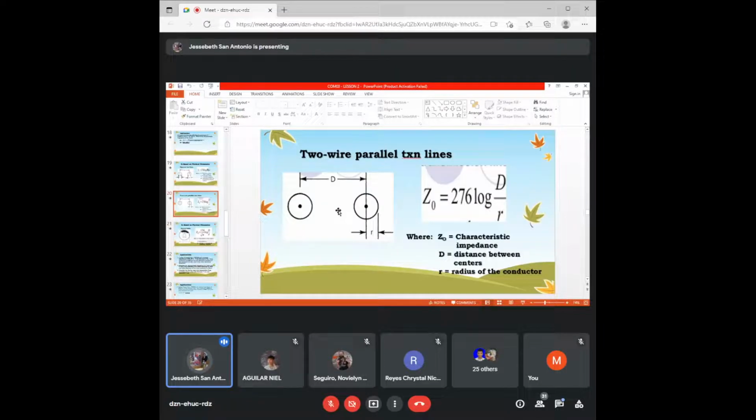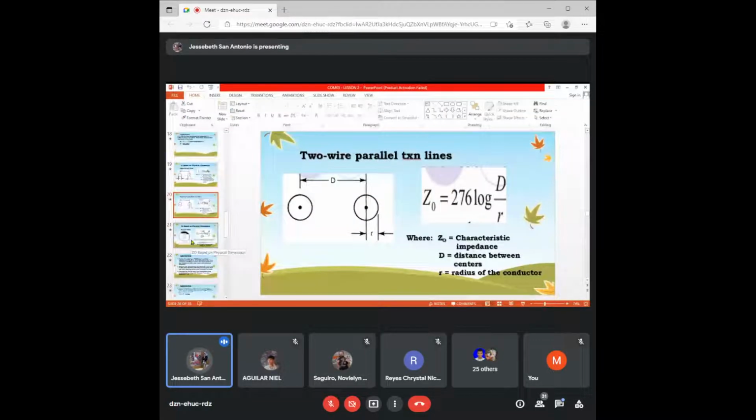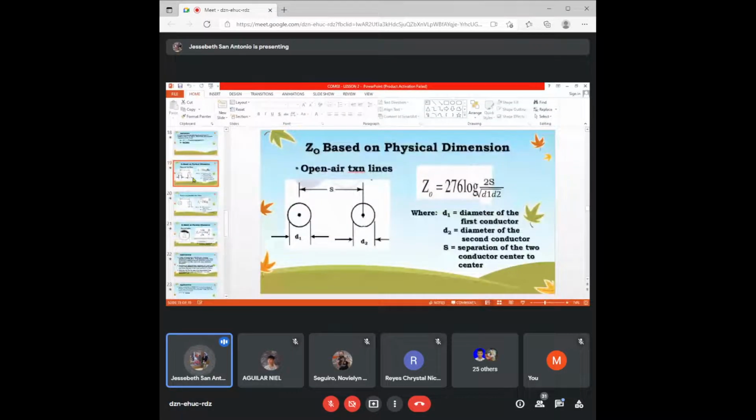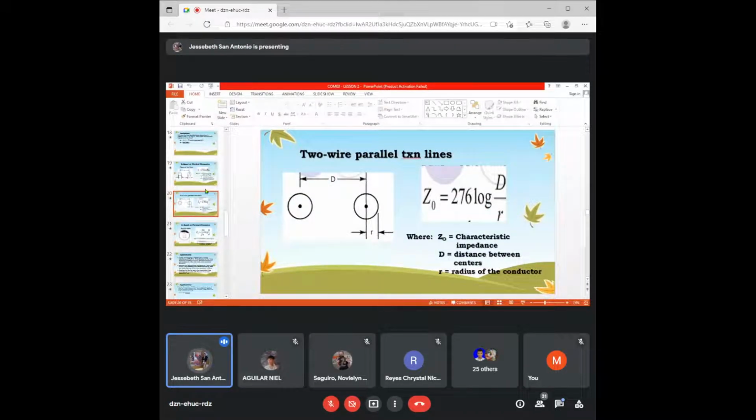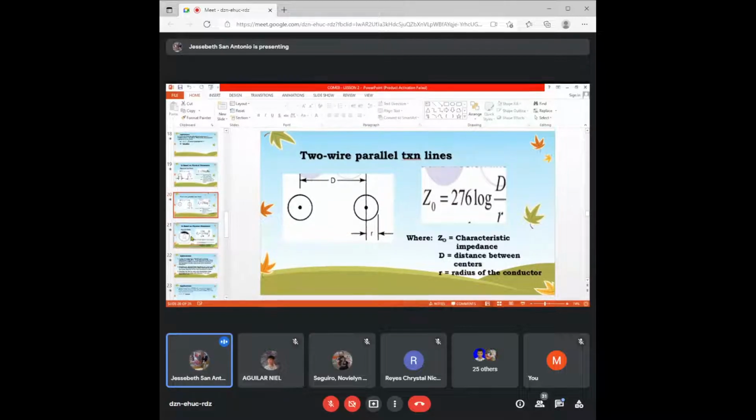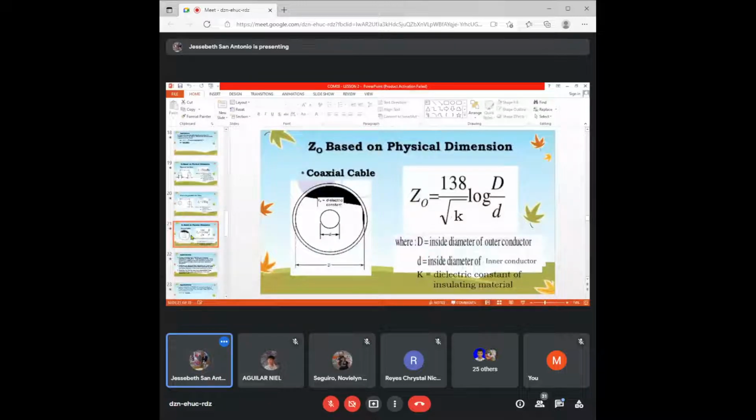Whereas D and the R is the radius. So baka magkamali. So I prefer, guys, for you to use this equation for parallel wire lines. Anyway, open air transmission lines na parallel transmission lines yan or balanced transmission lines. Whereas coaxial cable is unbalanced transmission lines. No? Diba?